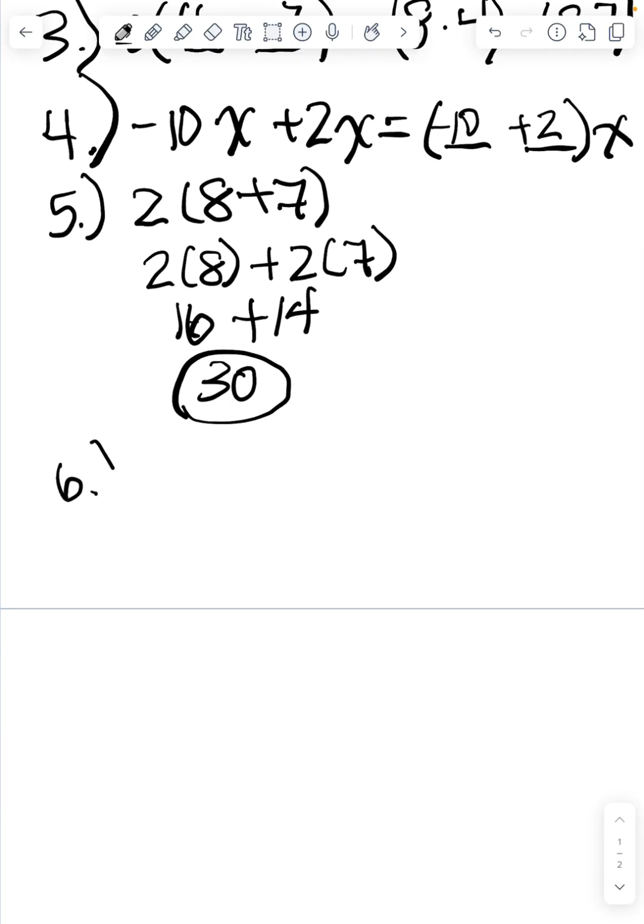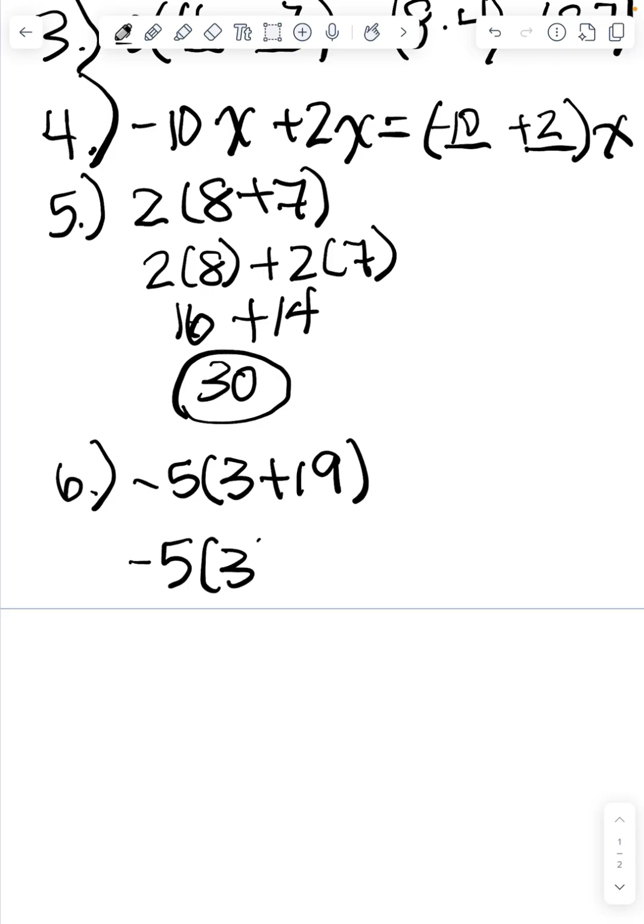Number 6, negative 5 times the quantity, 3 plus 19. So must have this distributive step here. Negative 5 times 3 plus negative 5 times 19.